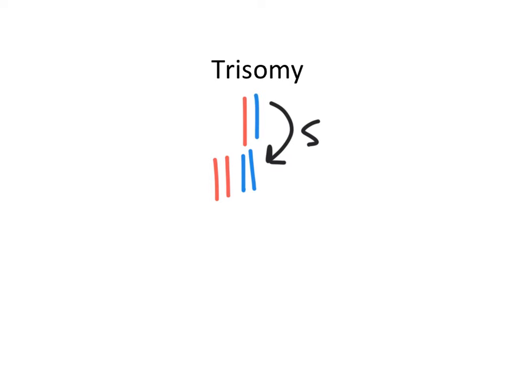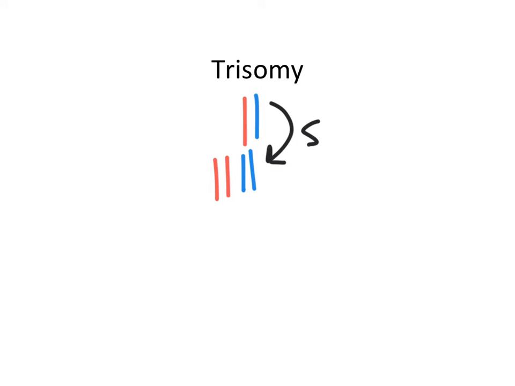What can go wrong during meiosis that gives you trisomy? The sister chromatids don't separate, they don't split, they don't break up as they're supposed to.